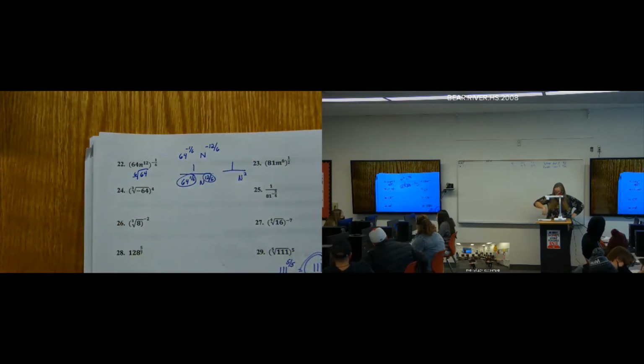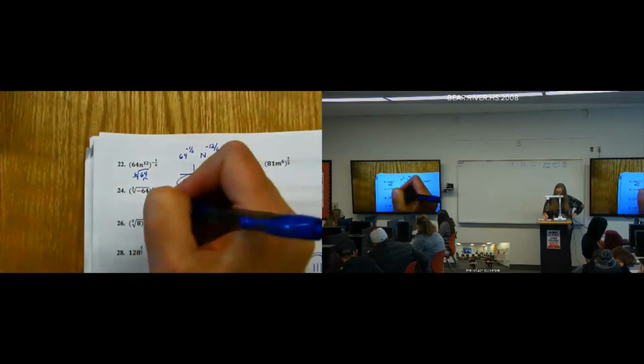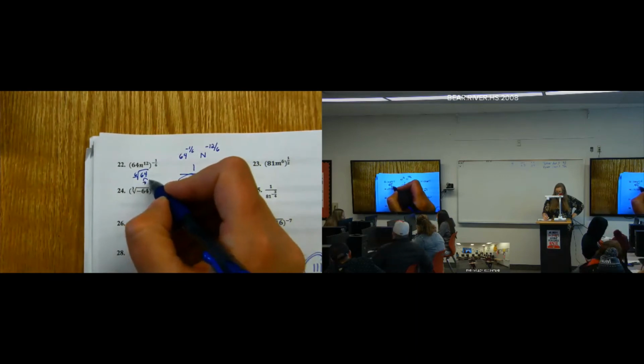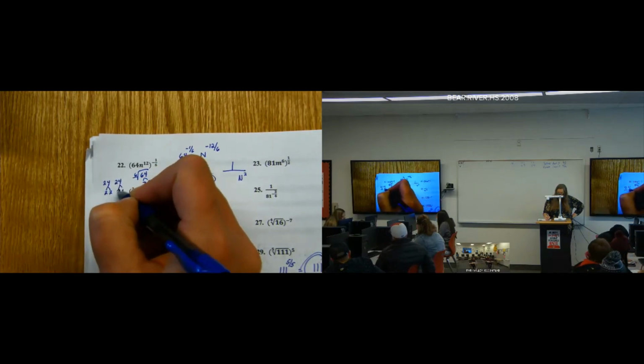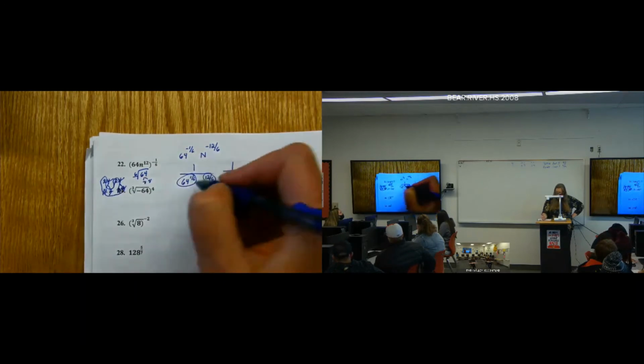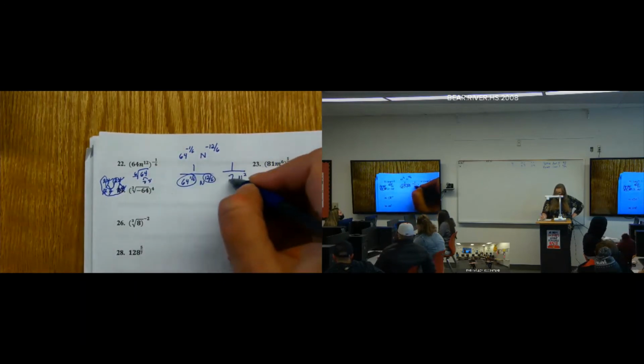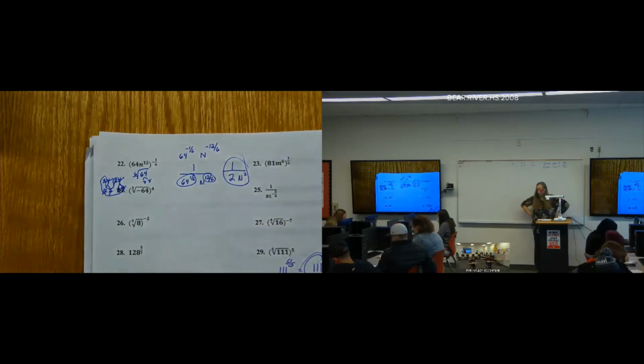Right? Well, let's break this down. 64, 8 and 8, 2 and 4, and 2 and 4, 2 and 2, and 2 and 2, right? 1, 2, 3, 4, 5, 6. Interesting. So I can bring out a 2, so now it's going to be 1 over 2 n squared.